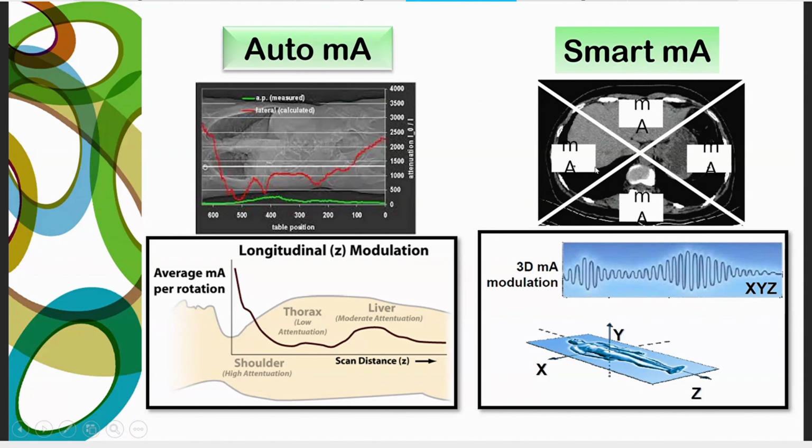But smart MA is a 3D modulation technique which alters the MA within a single 360 rotation itself, four times. So that will give less dose compared to auto MA. This is the advanced technique, smart MA, which comes with the newer CT modalities from the vendors.